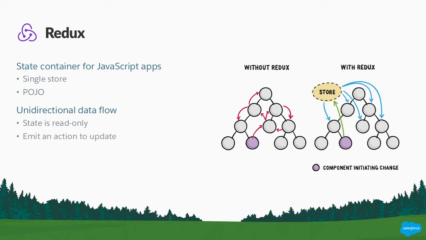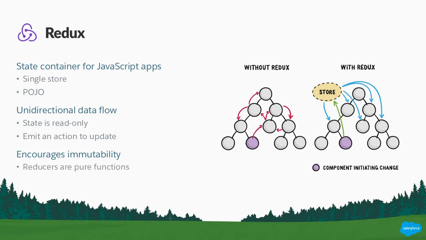So a component will emit an action saying, I intend to refresh some data from the server, and that action layer will handle the rest. And the idea here is it encourages immutability in your programming. Again, that's a deeper topic, but these are just the core principles of Redux.